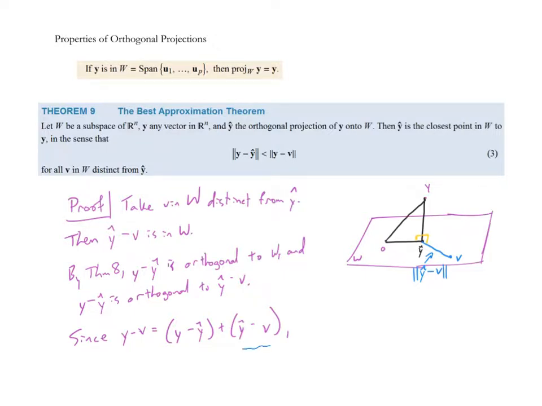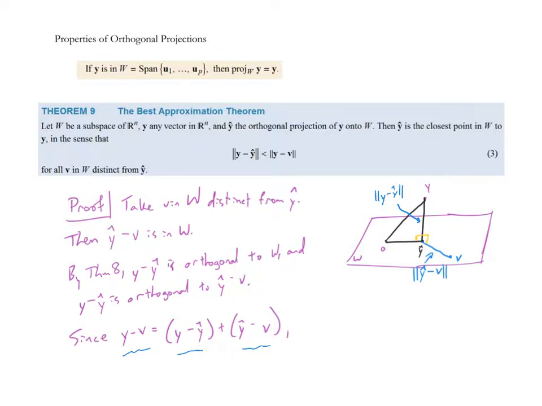So let's identify where is y minus y hat. That is this vector right there. So we'll label that as the length of y minus y hat, and that'll come up in the next line of the proof. And then the left-hand side of the equation, where's y minus v? The difference between y and v, well, that would just be this vector.